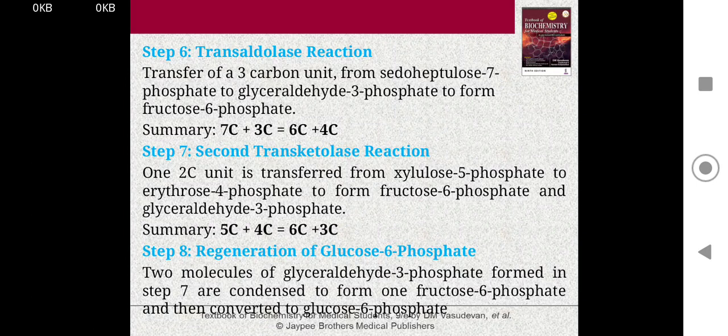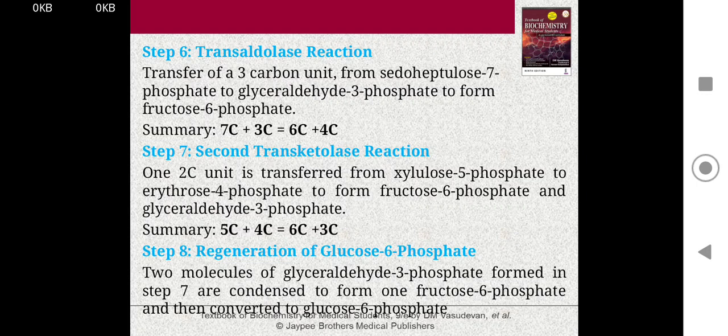Now step 6, the transaldolase reaction. Here a 3 carbon unit from sedoheptulose, the 7 carbon unit generated, is transferred to glyceraldehyde 3-phosphate to form fructose 6-phosphate. Now step 7, the second transketolase reaction.